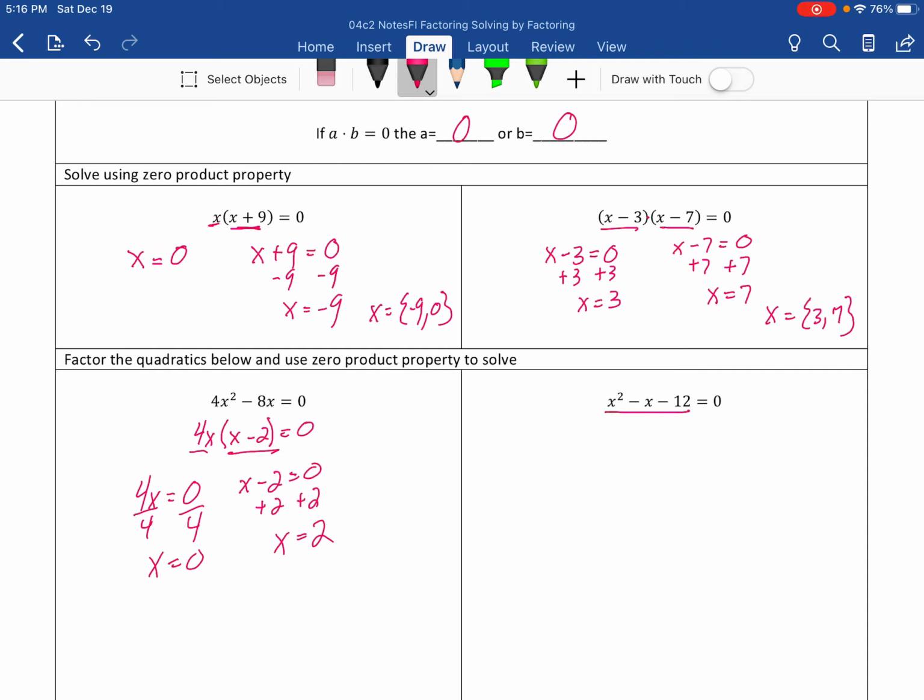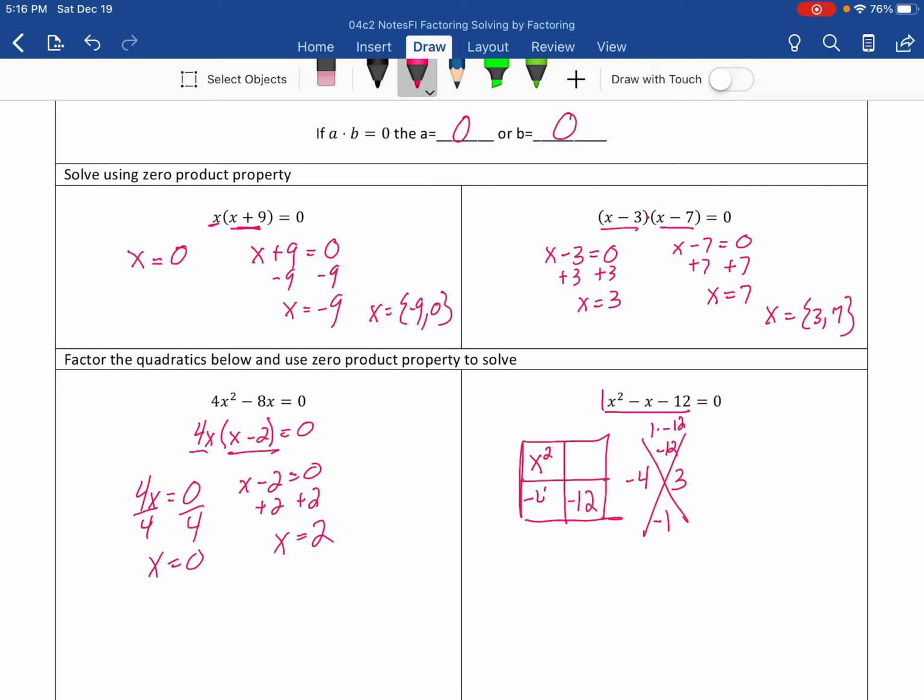This one is not two terms, so I'm going to go through and factor. I'm just going to be using the box method because I want consistency. So for this here, the first thing I would have to do is factor. Okay, so I have to find two numbers. They have to multiply to be 1 times negative 12, which is negative 12, and they have to add to be negative 1.